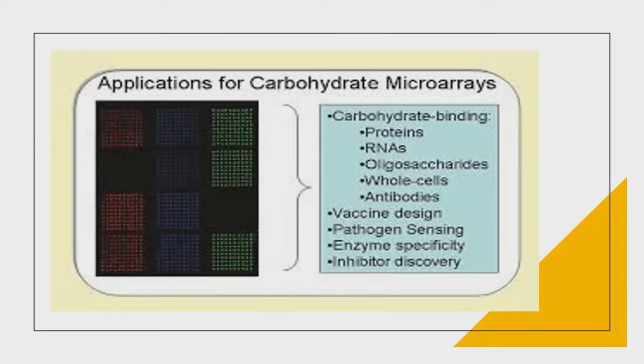This slide shows the applications of the carbohydrate microarrays, and here it mainly shows that the carbohydrate microarrays can be used for vaccine design, for pathogen sensing, for enzyme specificity, and for inhibitor discoveries. Apart from these applications, the carbohydrate microarrays have been used recently for the rapid analysis of glycan-protein or glycan-cell interaction and for the detection of pathogens.